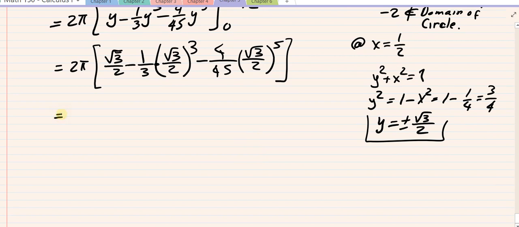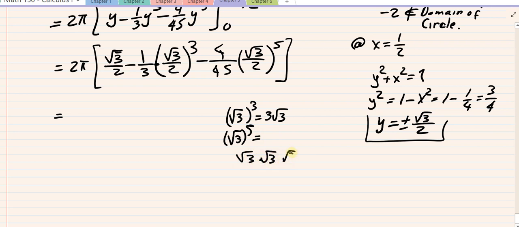Now root 3 cubed is going to be 3 root 3, right? And root 3 to the 5th, remember how this goes? You can multiply these together 5 times. For every pair you just get 3, so that's going to be 9 root 3. I need to simplify.